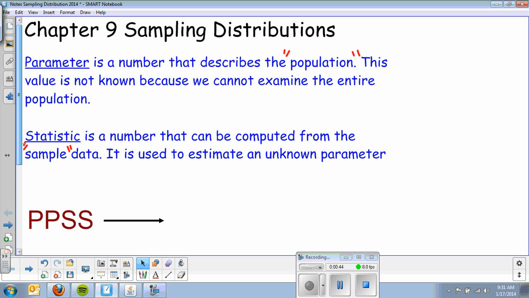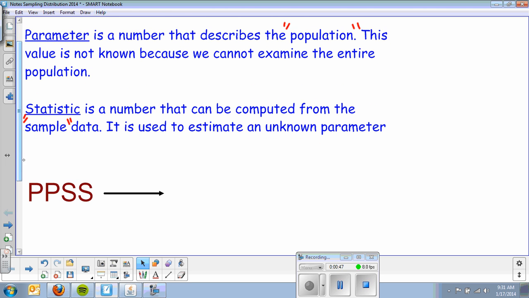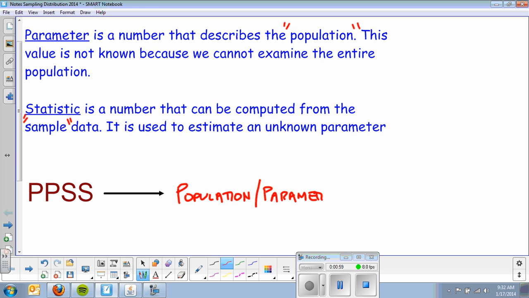So we use a little quick acronym, PPSS, which basically says the population is described by the parameter, and the sample is described by the statistic.